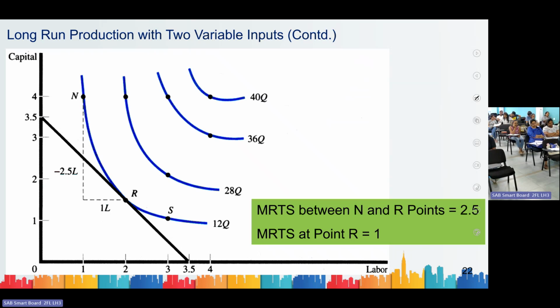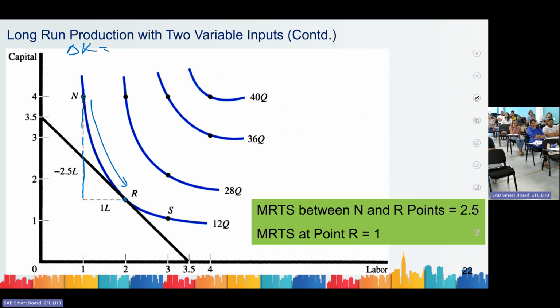Marginal rate of technical substitution between N and R point is 2.5. Yes, we have given a numerical example. The same thing we did before with some numerical values. Earlier we discussed a movement between A and B. Here it's a movement from point N to point R. So change in K is how much?